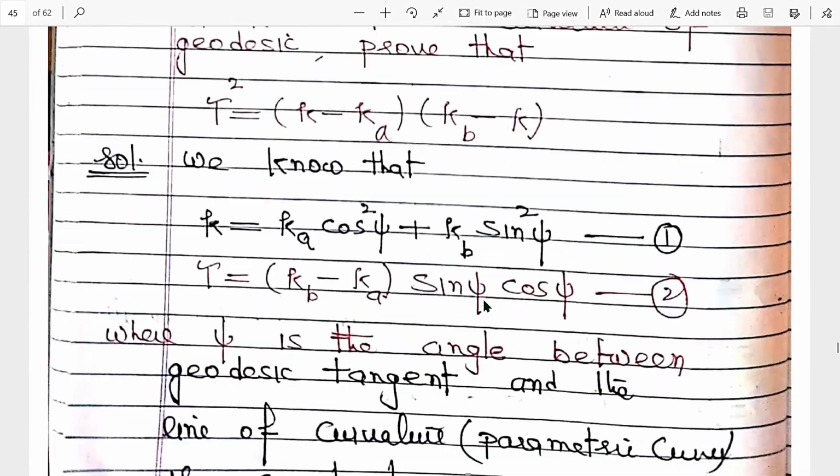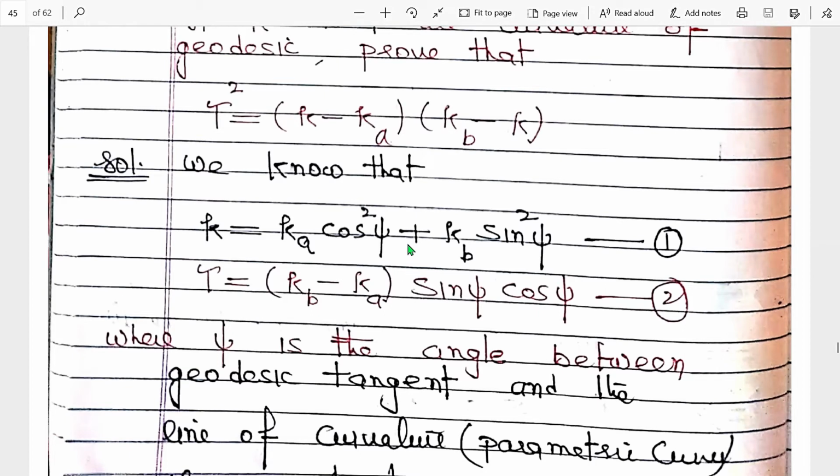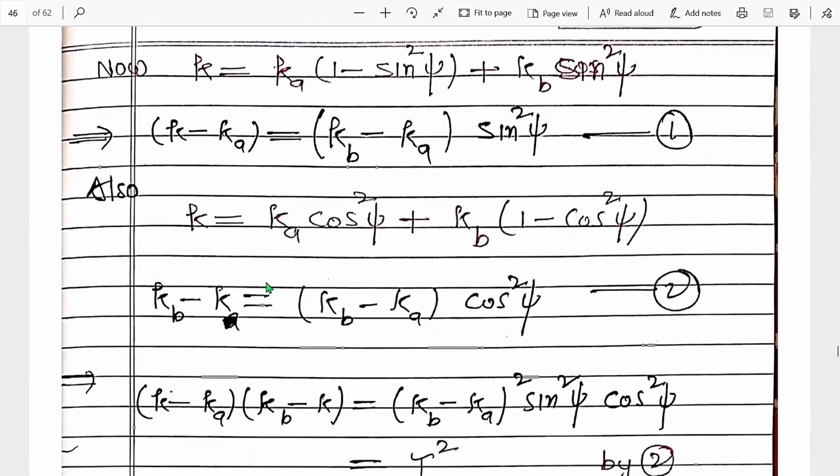Now convert this equation into cos form. We shift sine square psi into 1 minus cos square psi, so we get kappa A cos square psi plus kappa B into 1 minus cos square psi. Again we get kappa B minus kappa equal to kappa B minus kappa A cos square psi. So this is equation number 2.